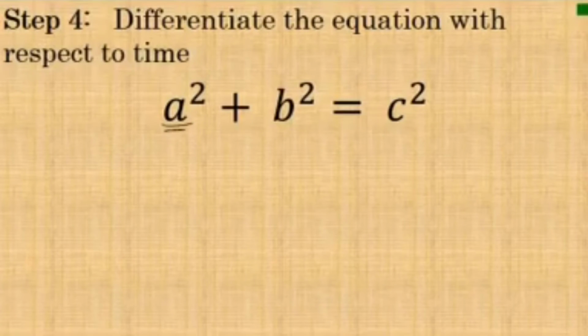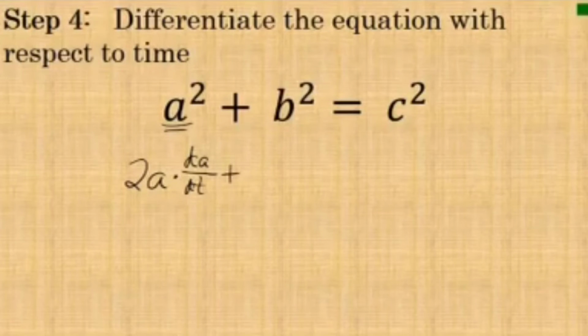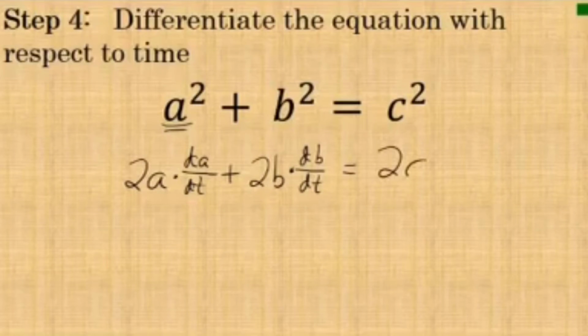Derivative of A squared is 2A, but because I'm differentiating with respect to time, I have to multiply by a factor of the derivative of A with respect to time. Likewise, the derivative of B squared is 2B times the derivative of B with respect to time. And that's equal to the derivative of the other side of the equation, 2C times the derivative of C with respect to time.